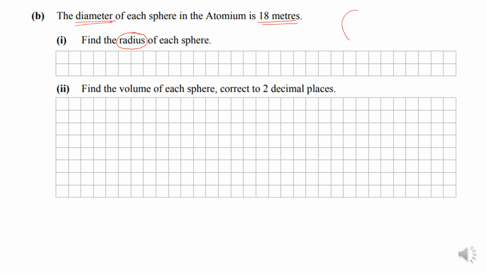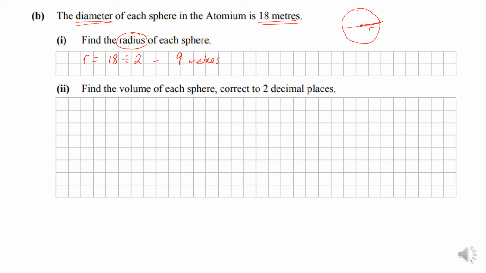You should know that a diameter is the distance through the center from side to side, the full distance, and the radius is half of that from the center out. So the radius is half a diameter. So our radius will be 18 meters divided by 2, which is 9 meters.